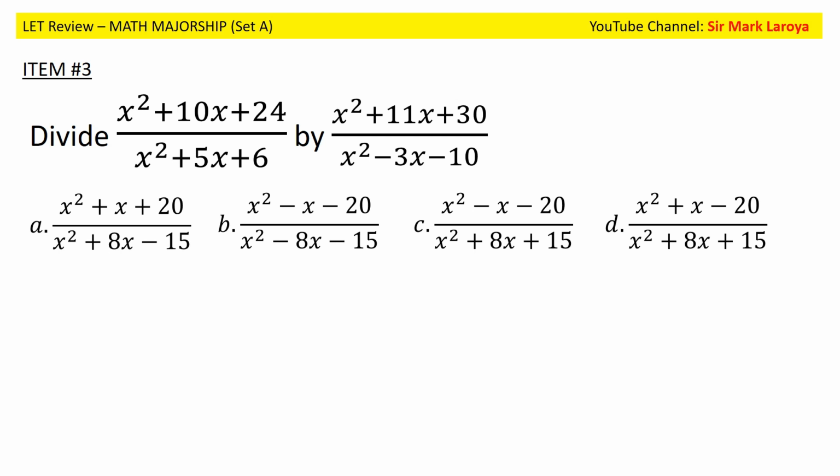B. X squared minus x minus 20 all over x squared minus 8x minus 15. C. X squared minus x minus 20 all over x squared plus 8x plus 15. Or D. X squared plus x minus 20 all over x squared plus 8x plus 15.